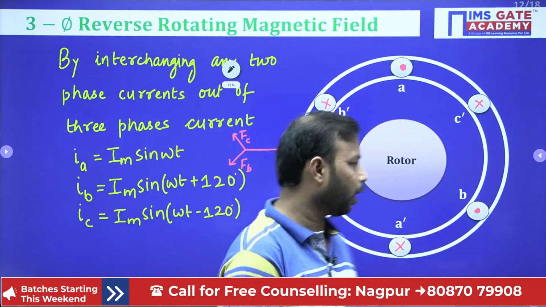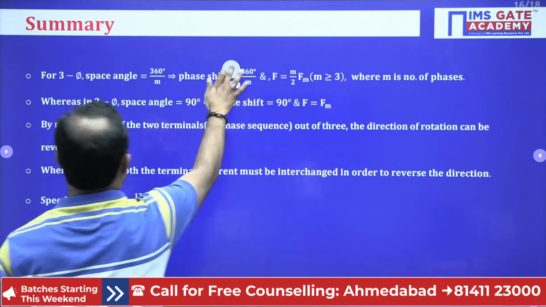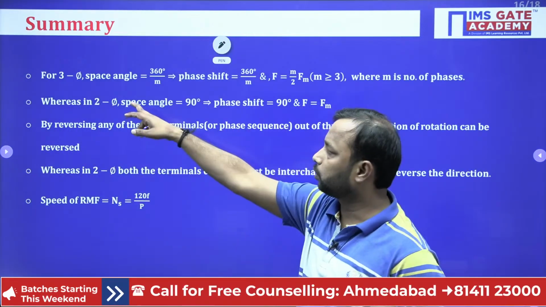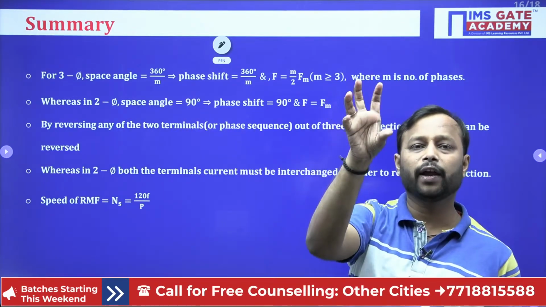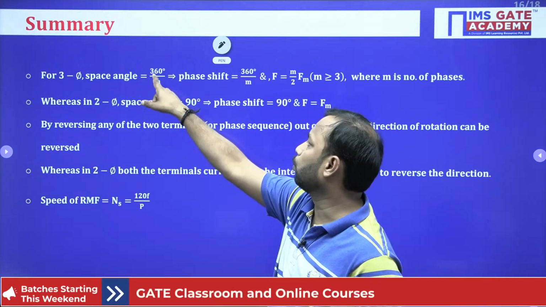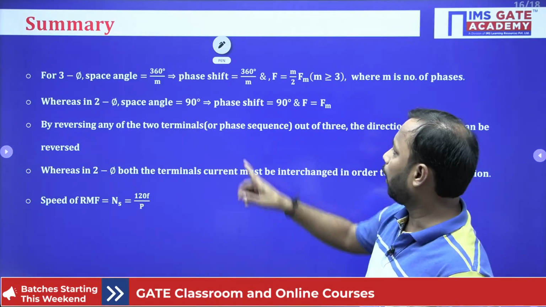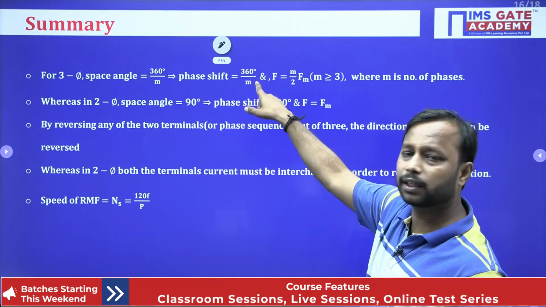So the important point, or the summary here, is that for 3-phase, the space angle, meaning exactly where the winding has to be placed, will be decided by this formula: 360 degree by m. The phase shift between the currents will be the same, 360 degree by m.